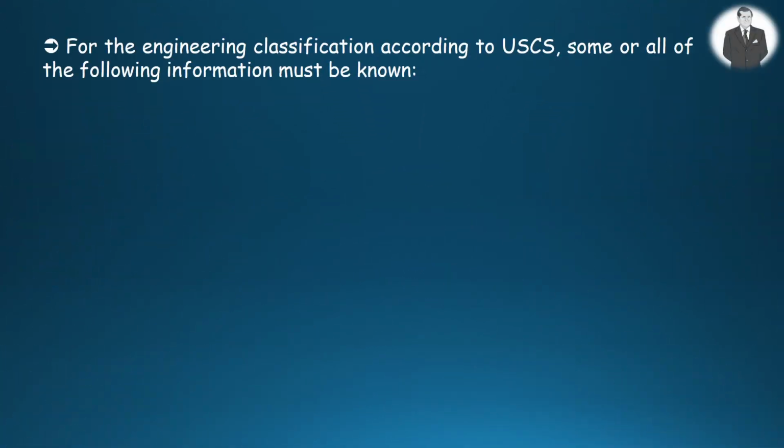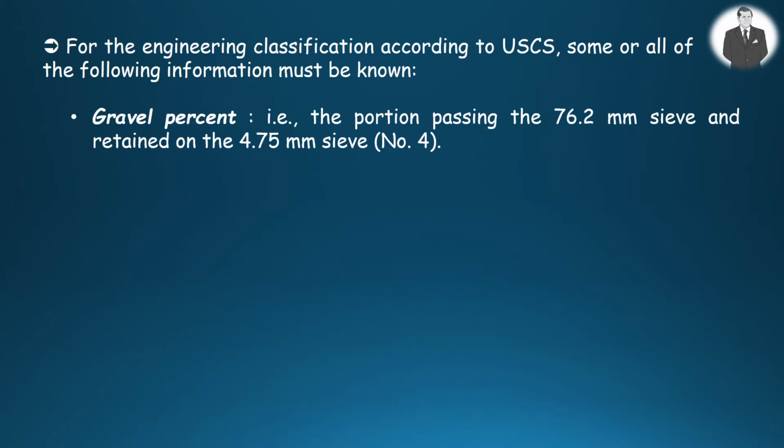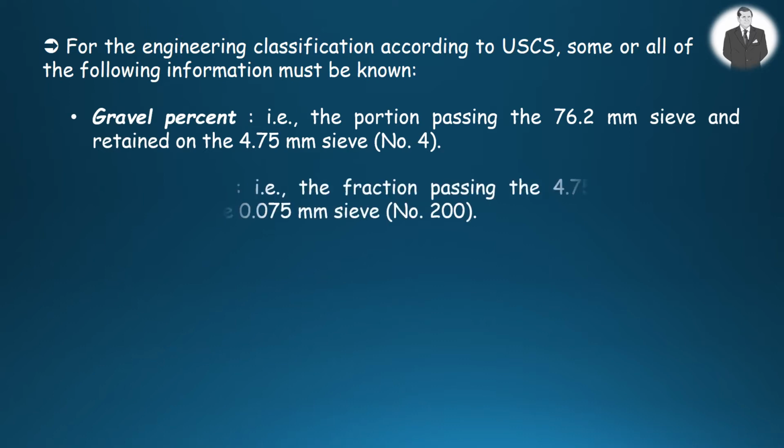For the engineering classification with respect to the unified soil classification system, some or all of the following information must be known. Gravel percent, that is the portion passing the 76.2 millimeter sieve and retained on the 4.75 millimeter sieve.